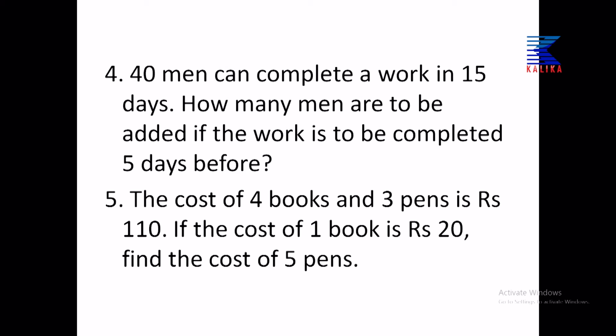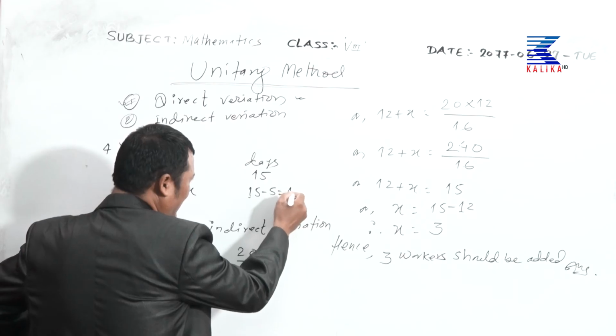How many men are to be added if the work is to be completed 5 days before? That is also the same type of question, just a little difference. One side is men and another is days. 40 men, 15 days. How many men are added? 40 plus x men. 5 days before means 15 minus 5 is 10 days.